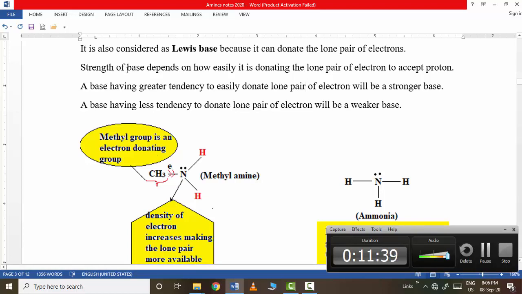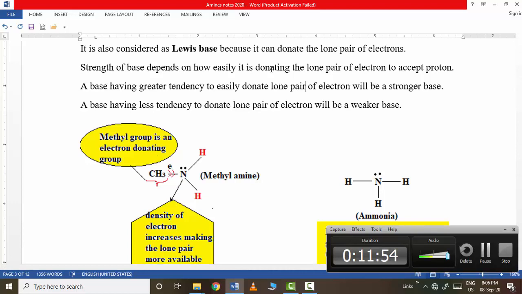Now if we talk about the strength of a base, whether it is a strong base or a weak base, it depends on how easily it donates the lone pair of electrons to accept the proton.